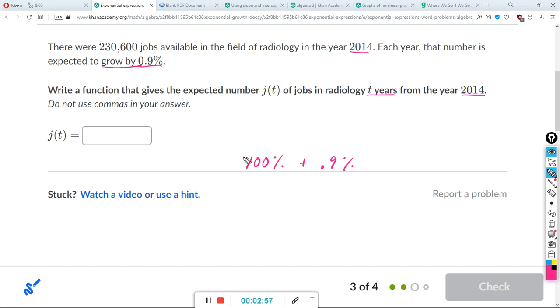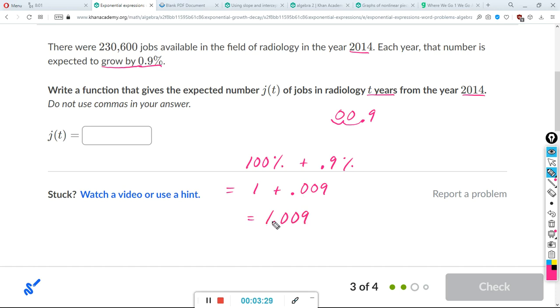So like we said before, 100% is the same as 1, and 0.9%, you have to move the decimal over 2 places. 1, 2. So 0.9% is the same as 0.009. Okay, so 1 plus 0.009 is 1.009.